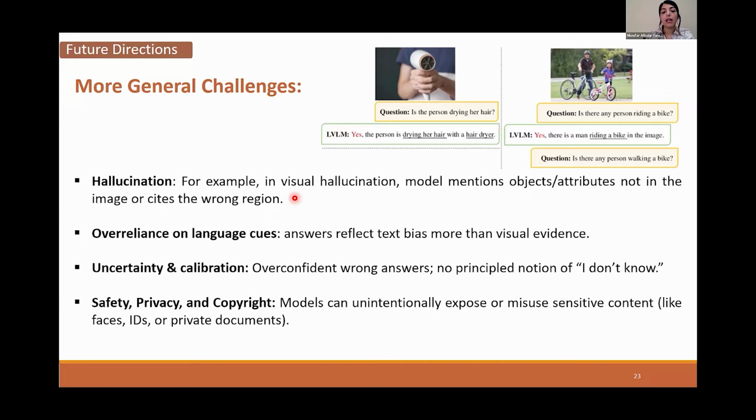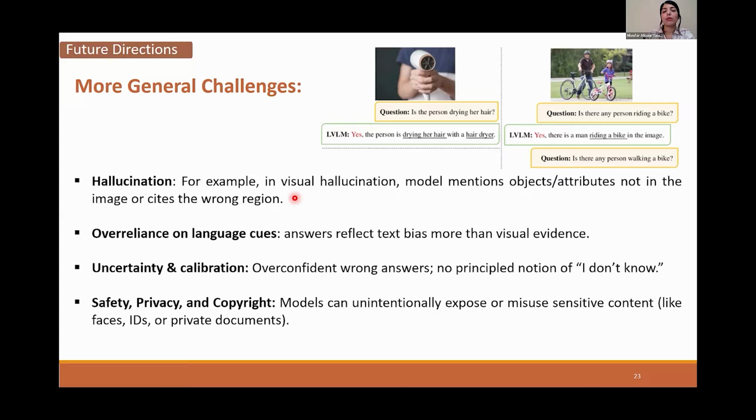The other thing is safety, privacy, and copyright. Sometimes we use LLMs to rewrite our CVs, or to edit, for example, our cover letters or something like that, which include our private information.